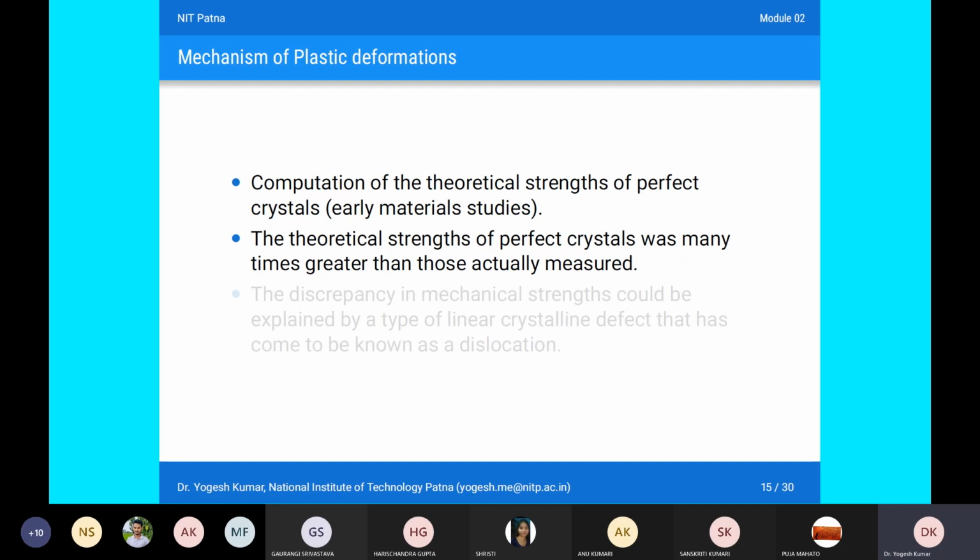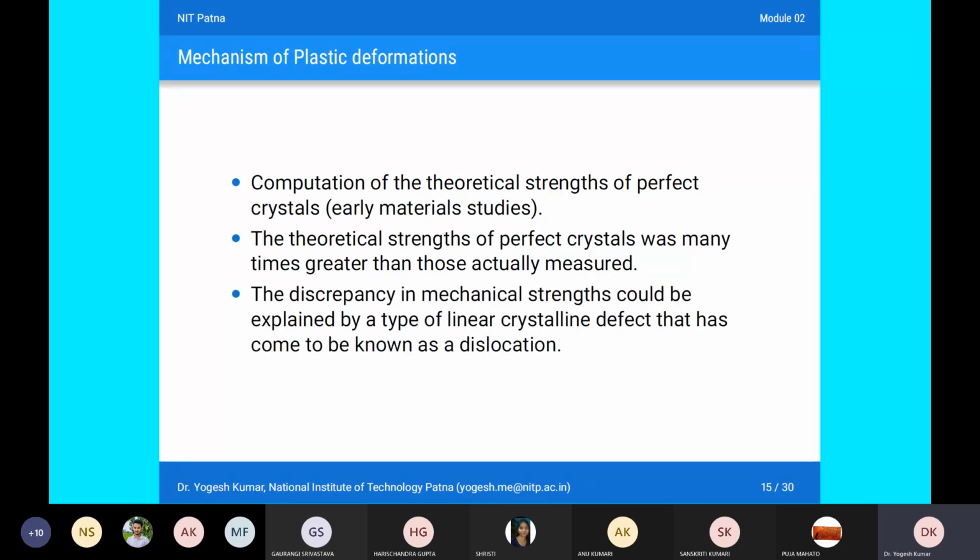So the theoretical strength of a perfect crystal obviously should be high compared to the actual strength of your material. So how to explain these discrepancies during metal forming processes?